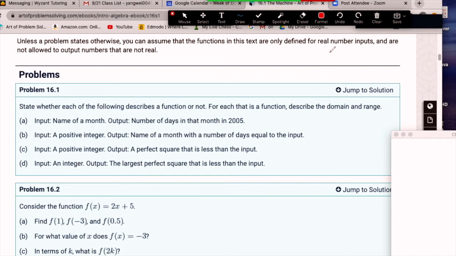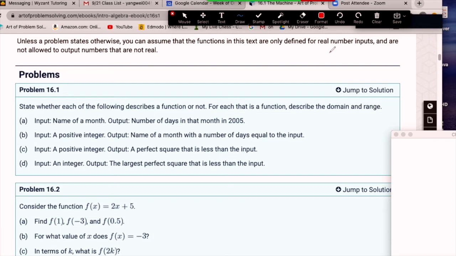Now let's see B. B, a positive integer. Input, that's a positive integer. Output, the name of a month with the number of days equal to the input. So now here, they give you this kind of inverse of part A. In part A, they give you the month, then they ask you what is the number of days in that month, right?